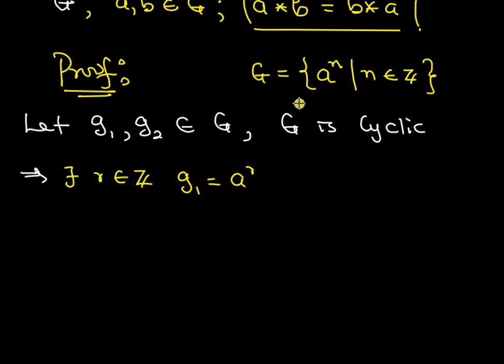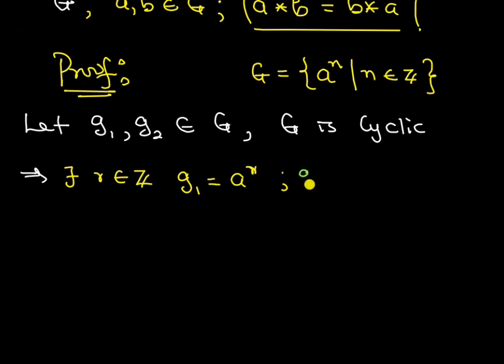Notice what we are saying: since my G1 is in G, remember that G is generated by A. That means all the elements of G are gotten by raising A to the power of a particular element of Z. Okay, so we have now said let R be in Z. So it means that your G1 is A raised to the power of R. And the same thing will happen for G2.